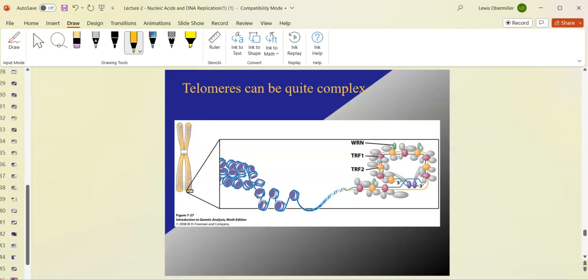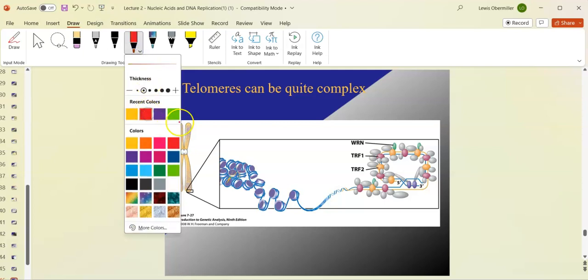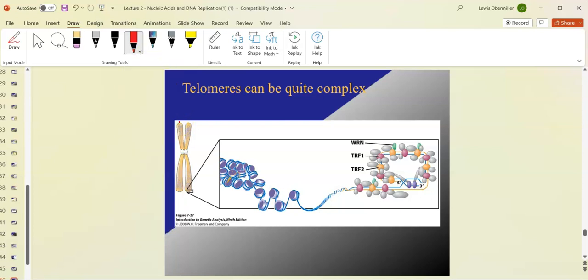All right, so speaking of telomeres, they can be very complex. Just want to show you this. So we know the chromosomal packaging. These are identical copies of each other, so they're sister chromatids. And they're held together by a centromere. Remember, centro is center and meros is part. So the telomere is on the end here.